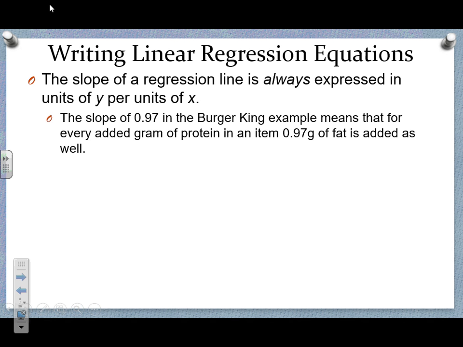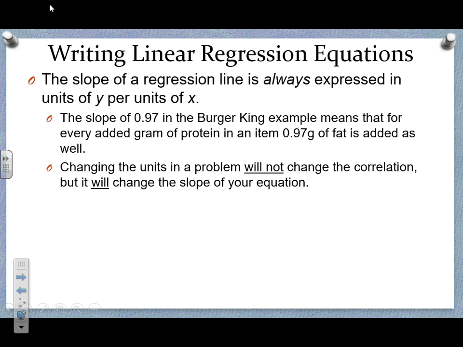If I have a slope of negative 1.6, if I add 1 extra unit to x, what's going to happen to y? We're going to be decreasing by 1.6 in y, right? So for every 1 unit increase in x, we're going to see a 1.6 unit decrease in y. Okay, so every time you're interpreting slope, that's what you're asking. If I increase x by 1 unit, what's going to happen to y? Does that make sense?